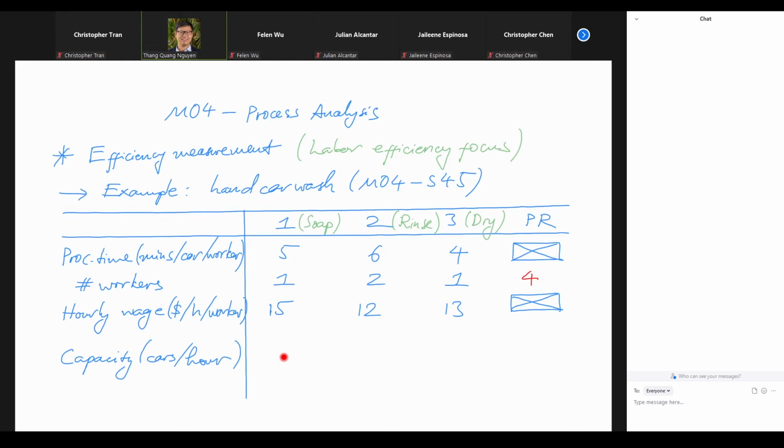Please feel free to share your answer in the chat window. So what will be the answer here? It's very simple, similar to what you do in question 23.